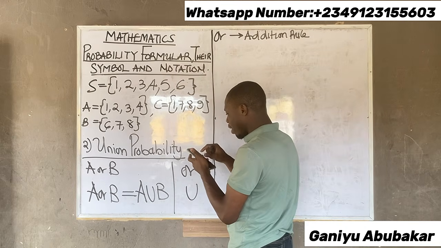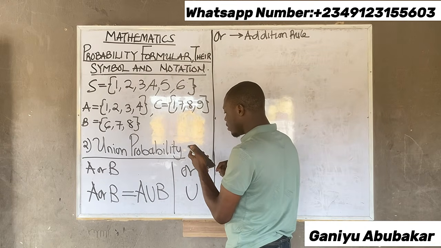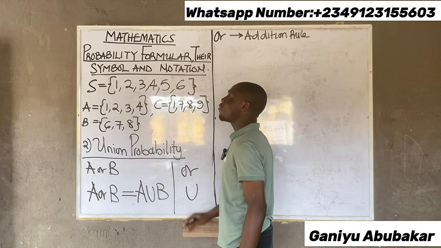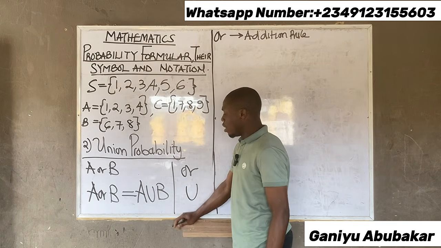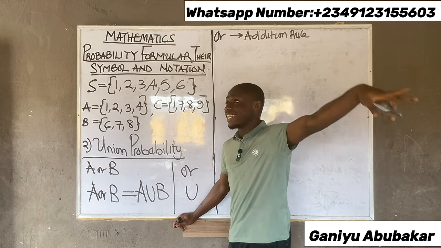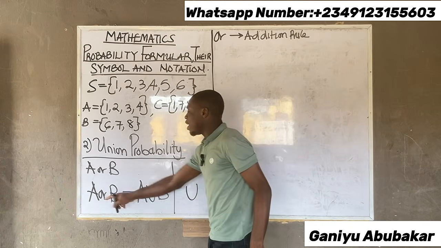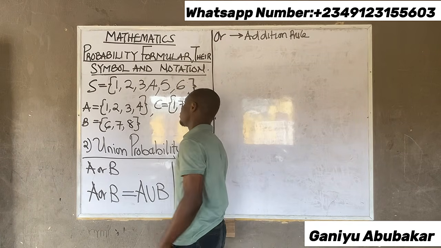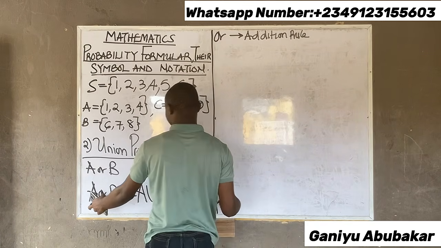Let's use the example we have here to solve some problems. Let's say we're asked to find A union B. We can get it using the idea of set theory. A or B has a formula which I'll give you now. Let me establish the formula first.